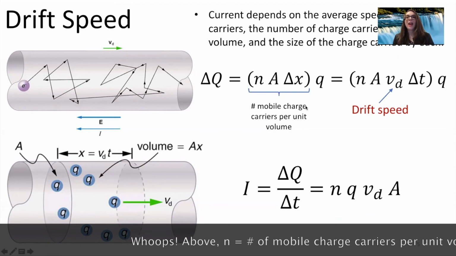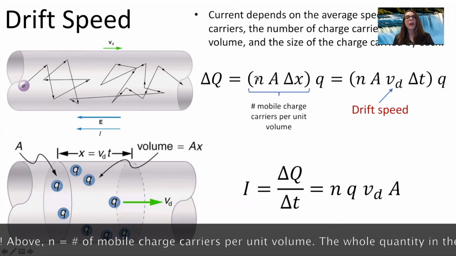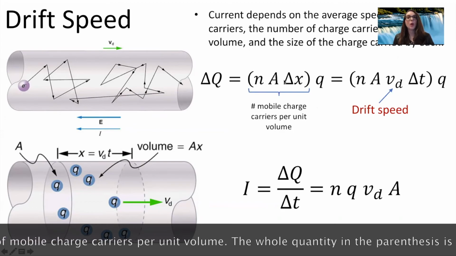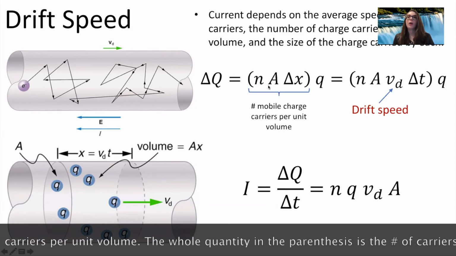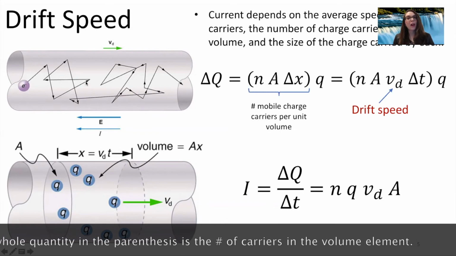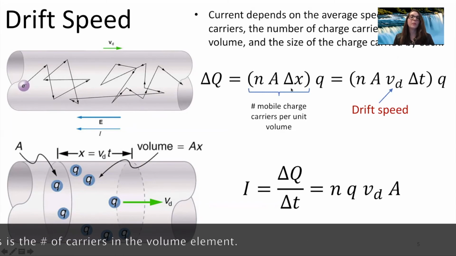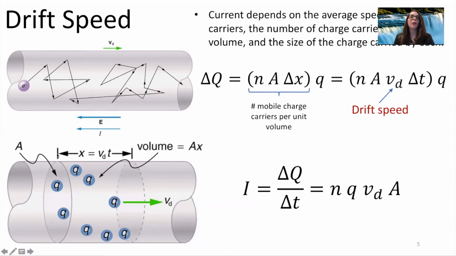And that number is equal to the number of our electrons times some volume. So we've got our cross-sectional area of our wire, A, times delta x, some distance x. So our cross-sectional area times some length, so we're essentially sweeping out a volume of a cylinder here, and then we multiply that by q.